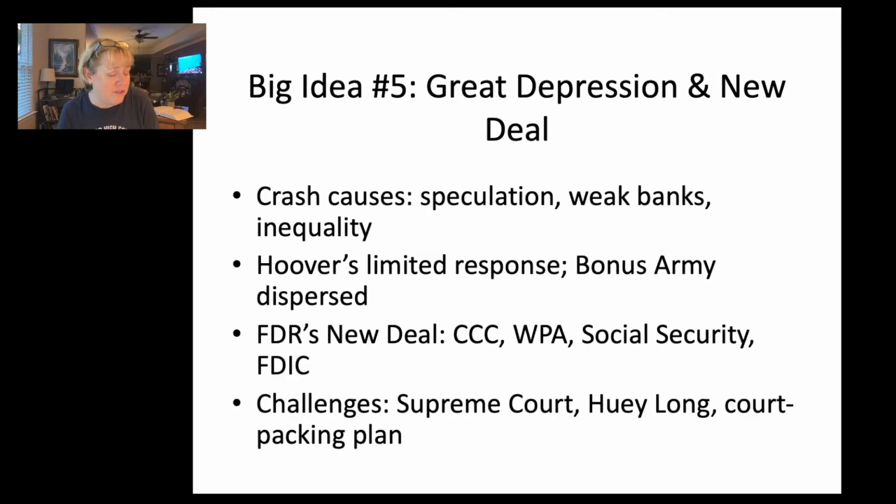The Supreme Court's not going to be too happy with FDR because they're going to rule several of his programs unconstitutional. When that happens, FDR's like, well, I'm just going to go ahead and make the court bigger, and I'm going to get some justices in there that will support my programs. And it's called the court packing scheme. He came up with this elaborate plan that they were going to add something like 6 justices to the Supreme Court based on the age of the existing justices.